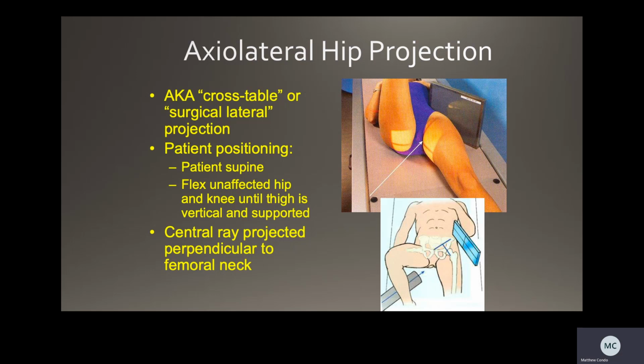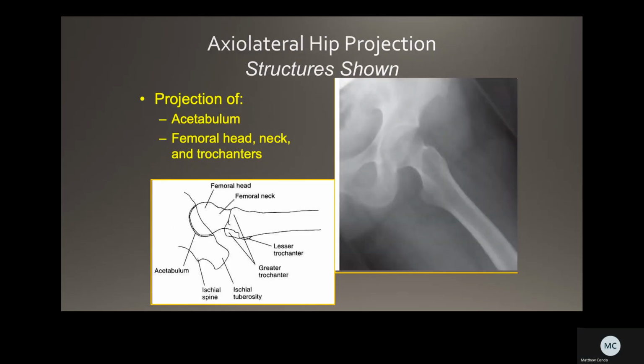So the imaged side is placed in neutral, but the other thigh is placed up in flexion so we can see through to the medial side. Gives you a little different view, right? So I can see the acetabulum, I can see the femoral head, I can see the femoral neck, and I can see the trochanters.